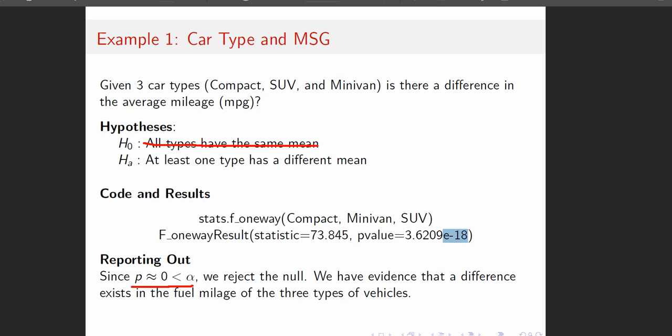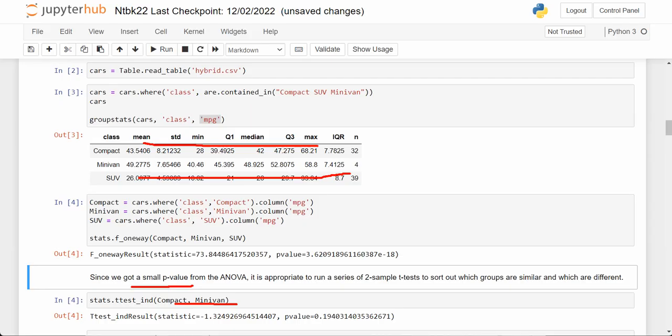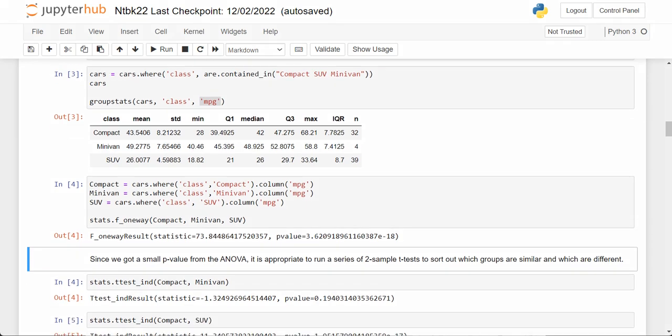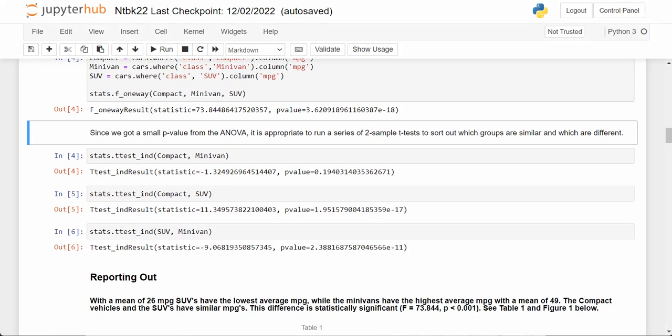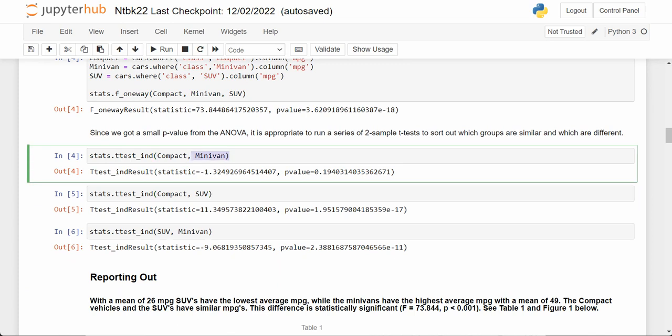We have evidence for the alternative, that the fuel mileage in at least one of the three types of vehicles is different. Now, all three of them may be different, or two may be different than the other. We don't know exactly what's going on, but we do know that. So let's jump back into the notebook and get rid of the ink. Okay. And this is why in the notebook we go back and we do t-test independent.